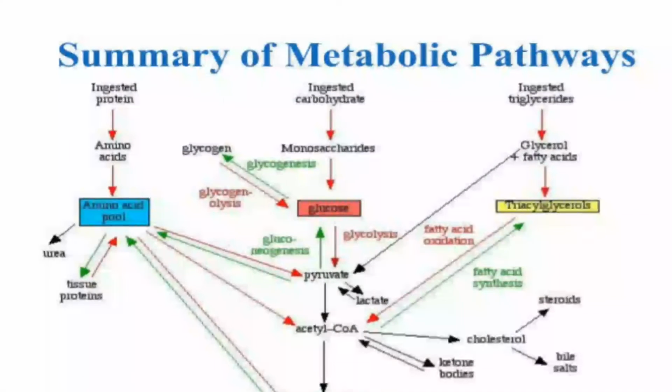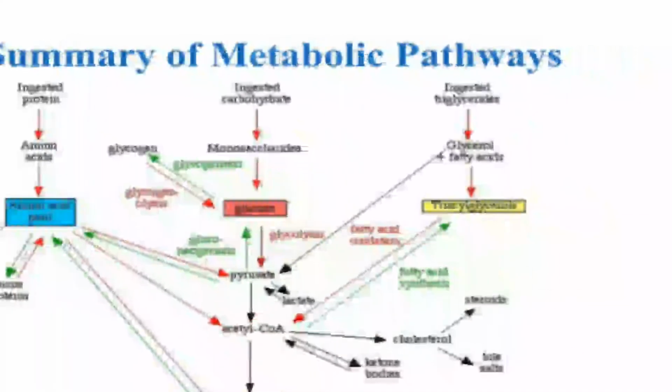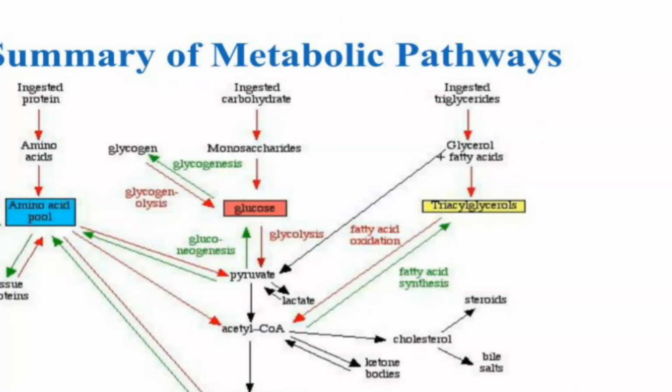Now, what happens if someone has taken carbohydrates? When you take carbohydrates, they are broken down to monosaccharides, which are simple glucose molecules. The conversion of glucose to glycogen is called glycogenesis.